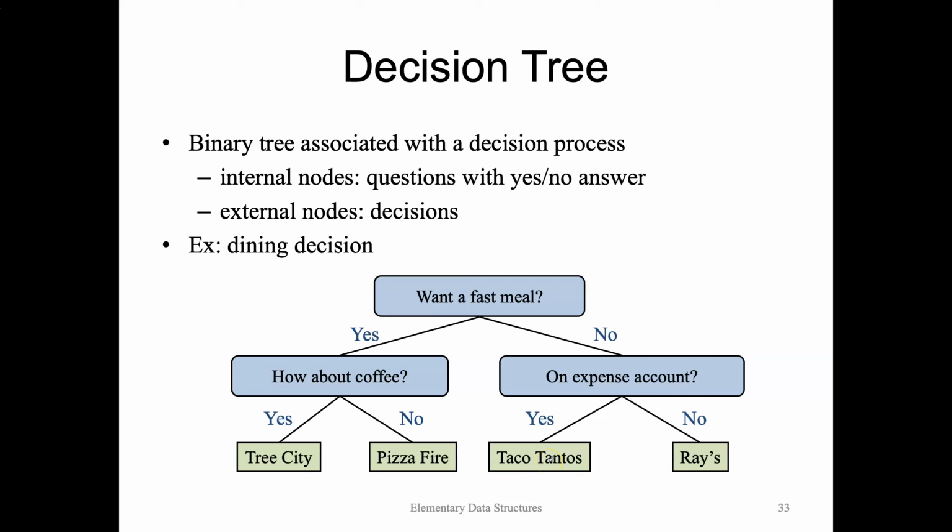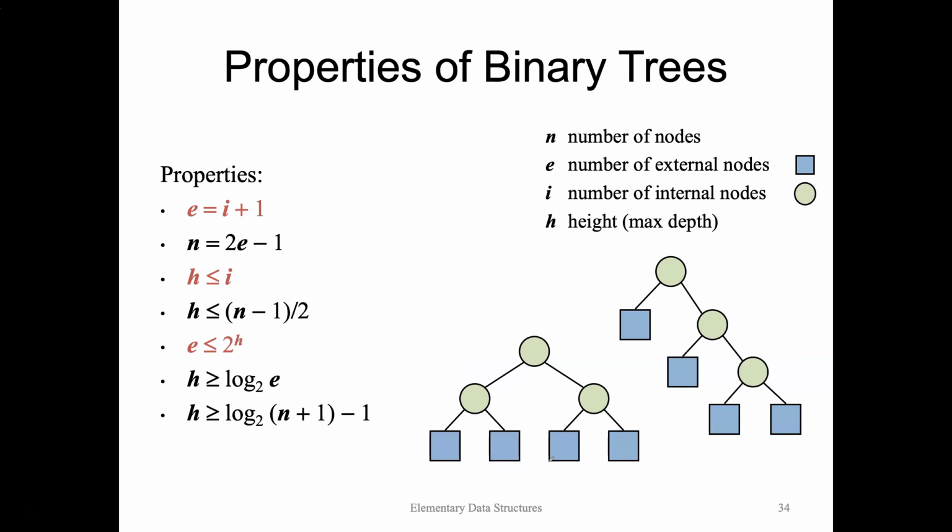Now, because binary trees have at most 2 children, they have a lot of really nice properties, and these are important because we're going to use these later in order to argue about the running time of algorithms that work on binary trees, and we have a lot of them that do that.